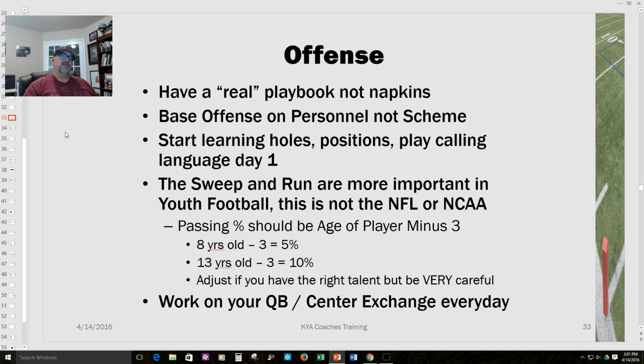And so offense, the thing that I see with a lot of rookie coaches and not so good coaches is they don't have a real playbook. You can't just draw up some plays on napkins and come to practice. I mean, you can, but eventually those plays that you draw up need to be vetted out, put down on paper, organized, and really come up with a series of plays to back that play up so that when you do call it, no one can know that you're basically calling that play.